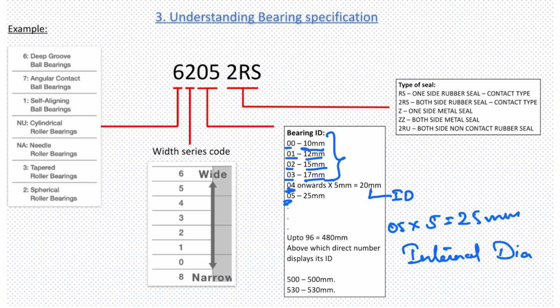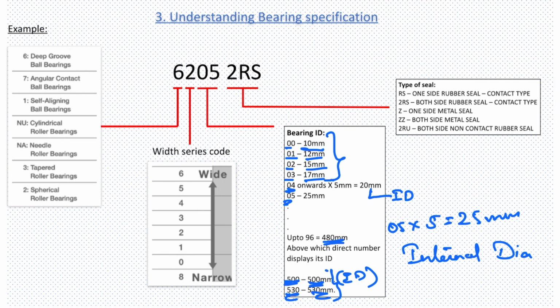Similarly, this goes up to 96, that is 480 mm diameter. Above 480 mm, one more digit will be added, and the last 3 digits will directly denote the internal diameter of the bearing.